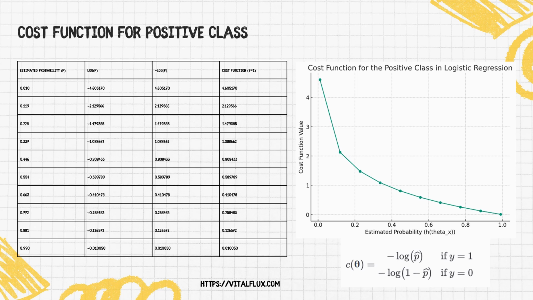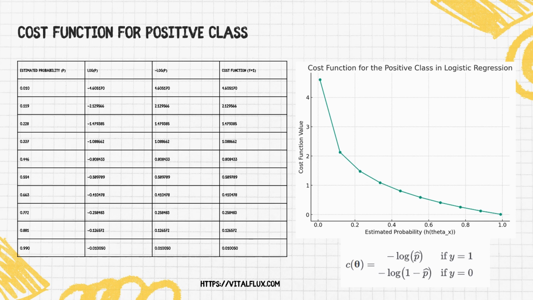Now as you look at the table and the plot, you'll find that in the table we have taken the probability from 0.01 right up to 0.99, and you see the cost will actually be higher at a lower estimated probability for the positive class, and when our estimated probability is high for the positive class, while it is a positive class, the cost will be less, and that's what is shown in the table and the plot.